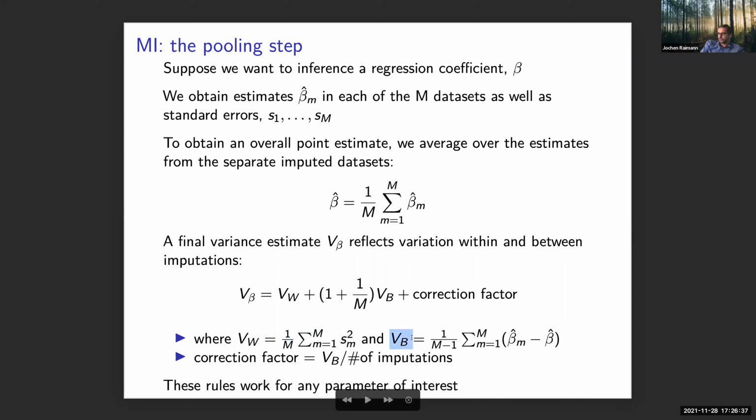And then you have a variance between, where you have 1 divided by the degrees of freedom. The variance between is the beta hat m minus the beta hat overall, for each of these estimates.